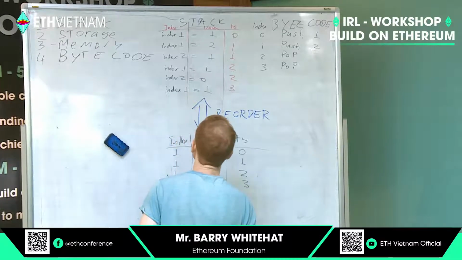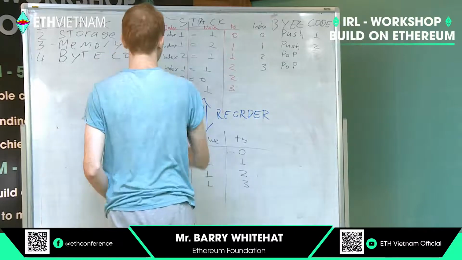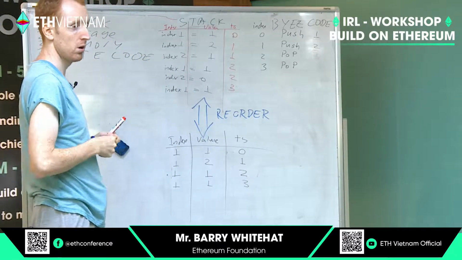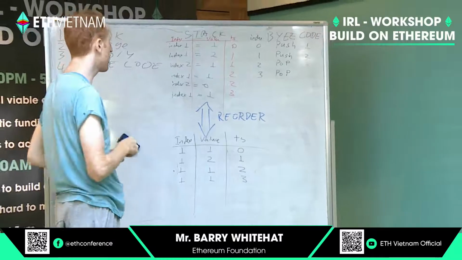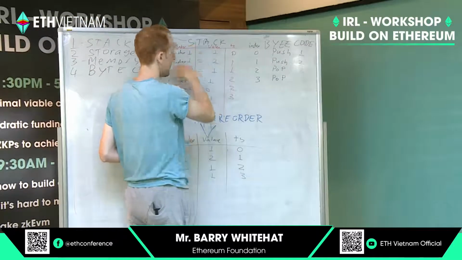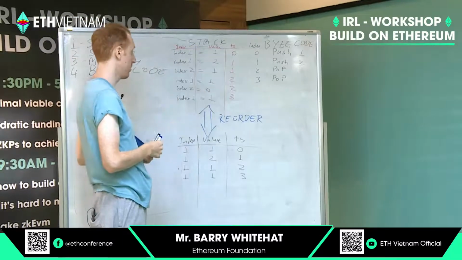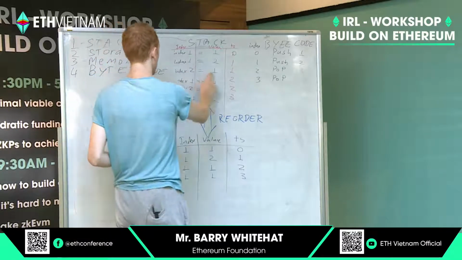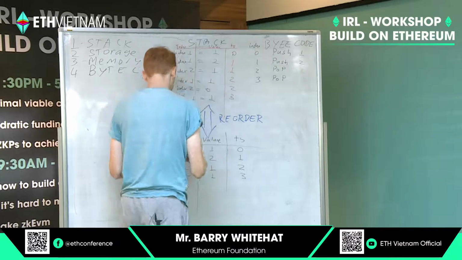So can someone tell me how to do the next part for index 2? So basically what we're doing is we're just ordering things by the index instead of by the timestamp. So 211, 202. Yes, exactly.